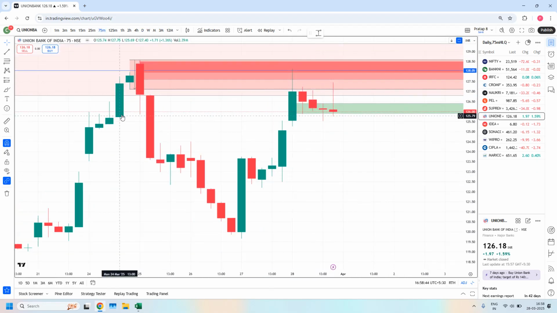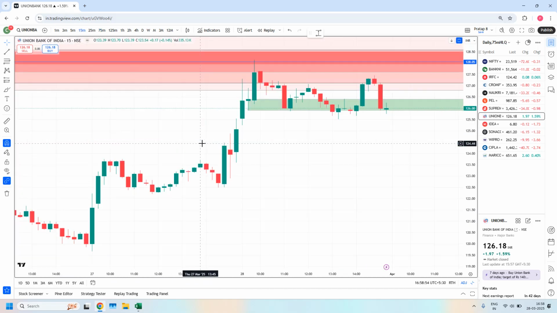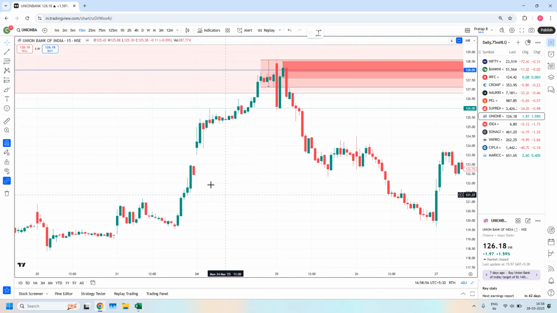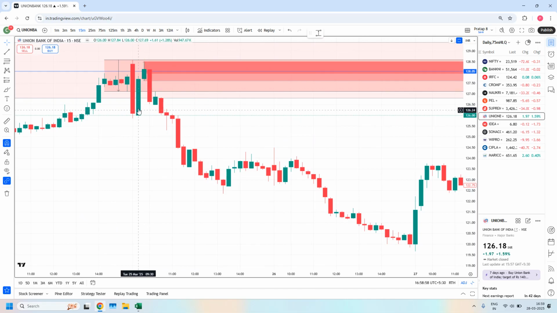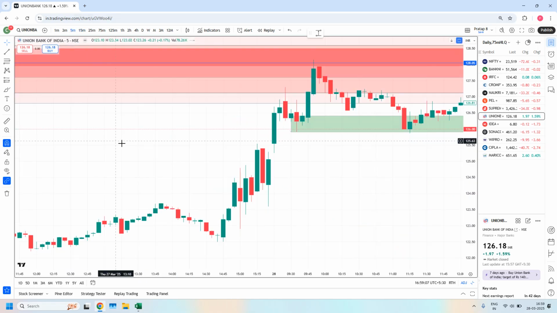In the recent price action, there is a rally base drop and follow-through candles are created. And this 75 minute zone again fine-tuned with 15 minutes time frame. In the 15 minutes time frame, you have an excellent rally, base and drop candle. Within this 15 minutes, again we identified a fine-tuned 5 minute zone.